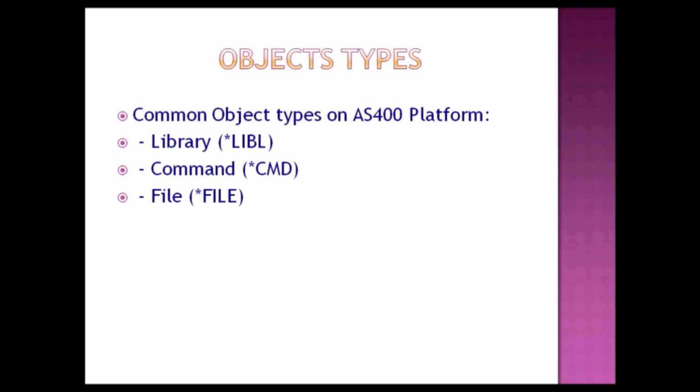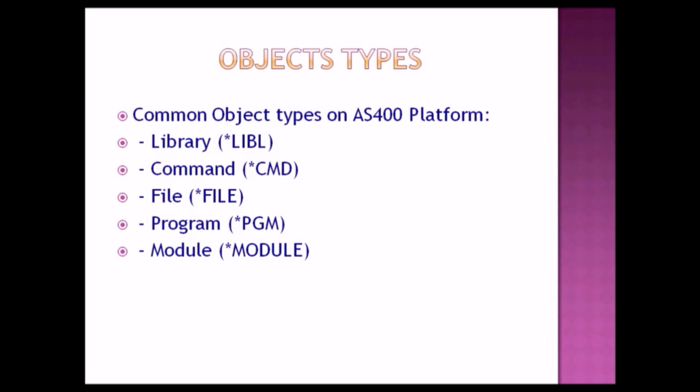Next object type is file, abbreviated as *FILE. An object with type *FILE holds formatted data records. Another object type is program, abbreviated to *PGM, and it contains executable machine instructions. Next in the list is module, abbreviated to *MODULE.